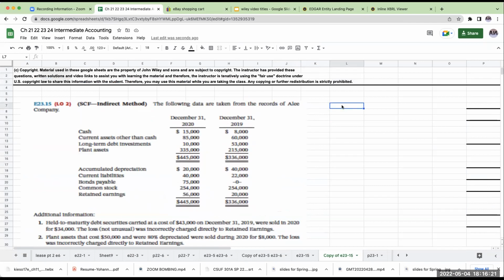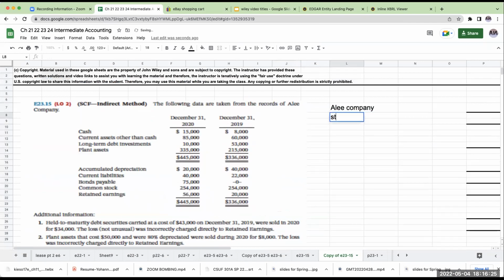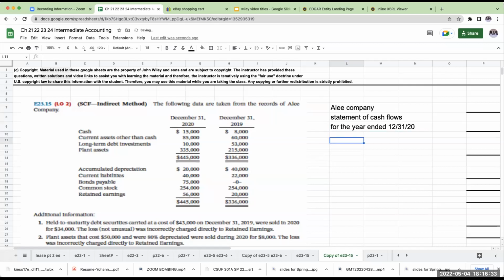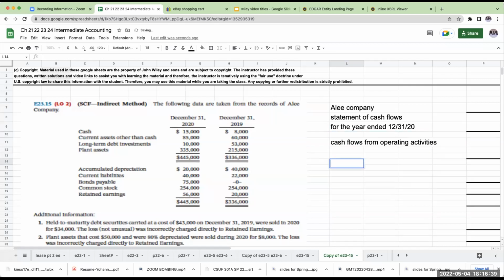But what we're really going to be doing here is looking at a Lee Company statement of cash flows for the year ended 12/31/20. And the way I want to do this is I want to start over here with my cash flows from operating activities, and this will be net cash blank operating activities.